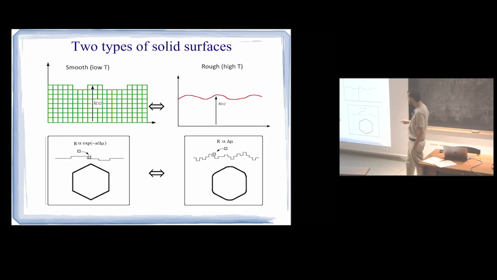Smooth surfaces, as I described, they only grow by horizontal spreading of the terraces. That is a very slow activated process, because first you need to nucleate a terrace which is sufficiently large, and then it starts spreading. Otherwise, it's going to vanish. Right? And so these crystals grow by a slow activated process.